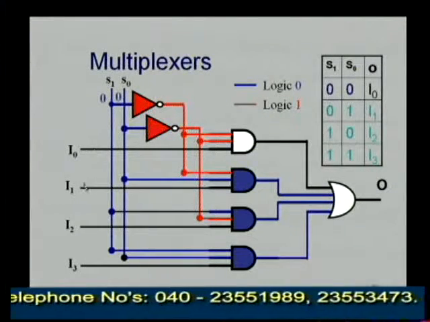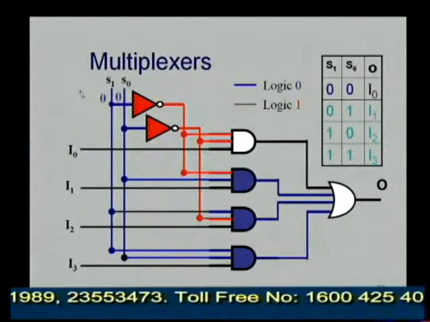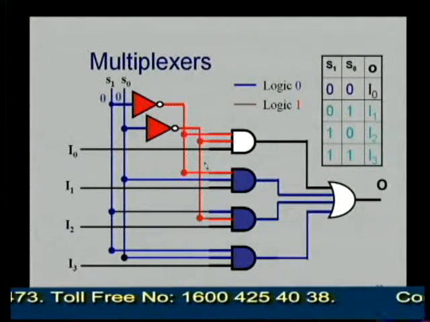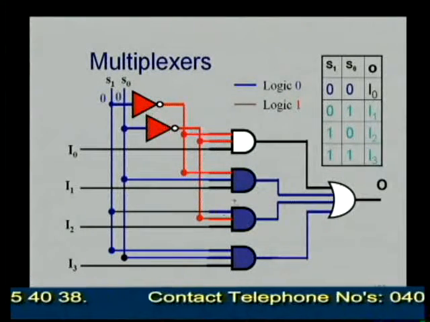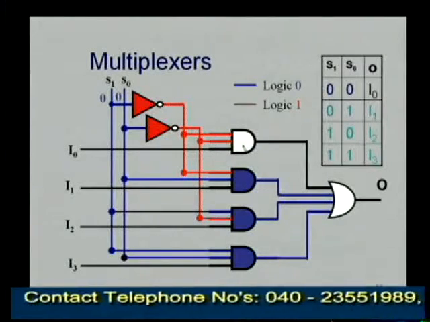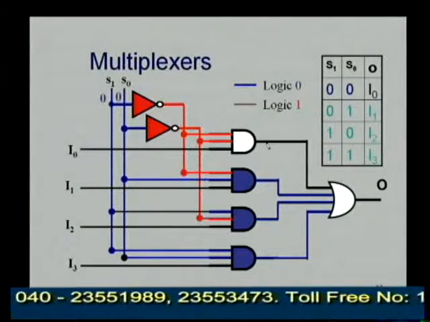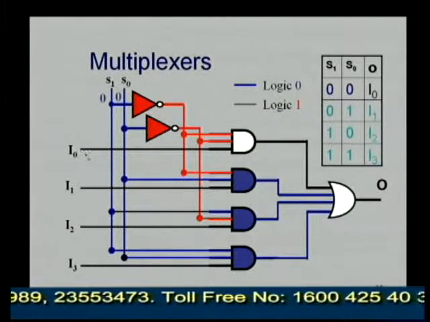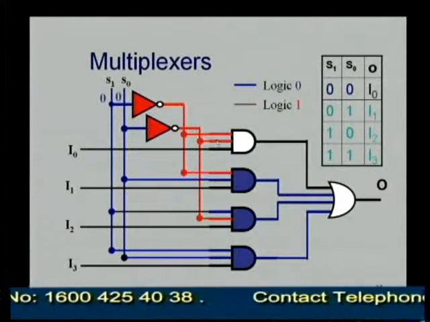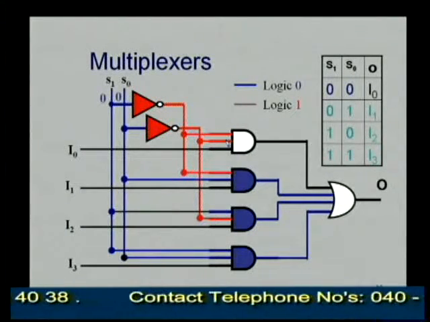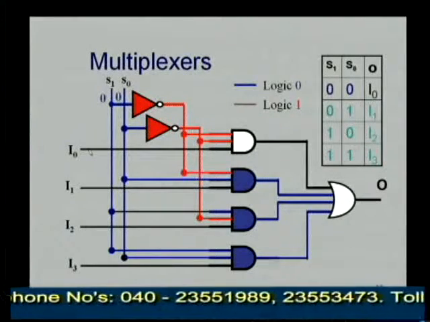Here you can see, except for the I0, I1, I2, I3 inputs and this OR gate, the rest of the circuit looks like a decoder. It is actually a 2 to 4 decoder. Already we have seen that one of the outputs of the decoder will be high at a given time. For example, if this first AND gate is enabled because its two inputs are high, its output depends on the third input I0.